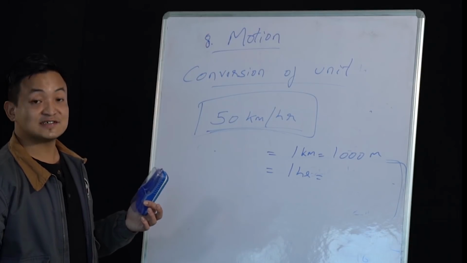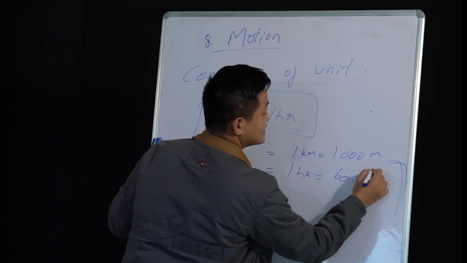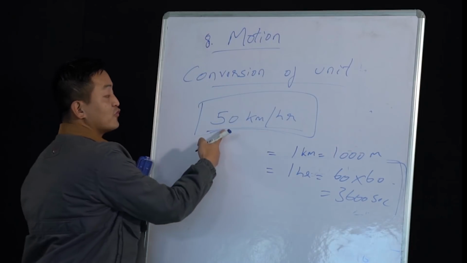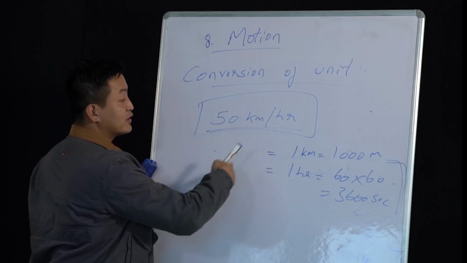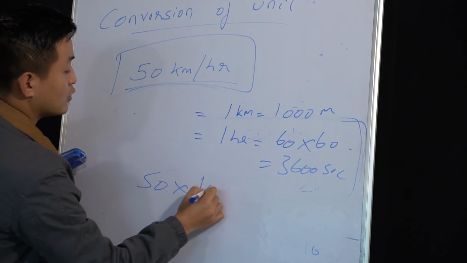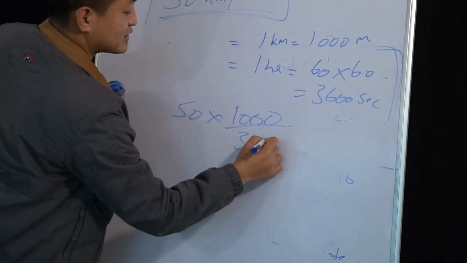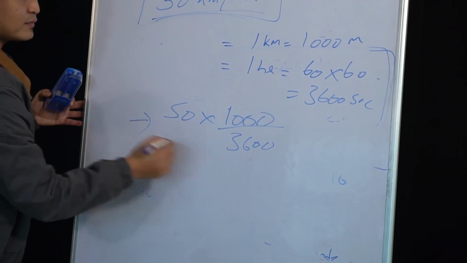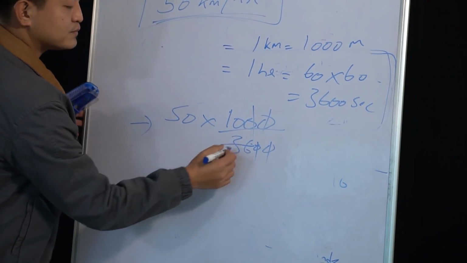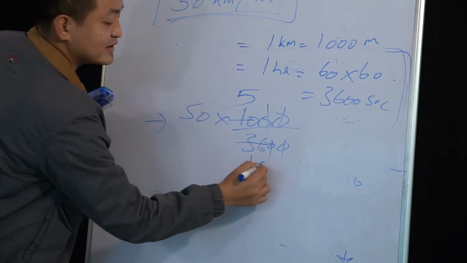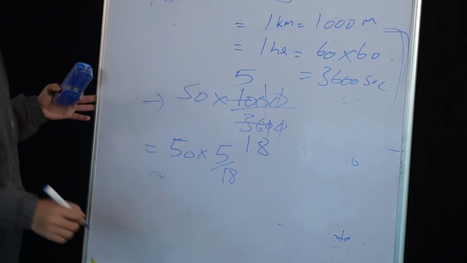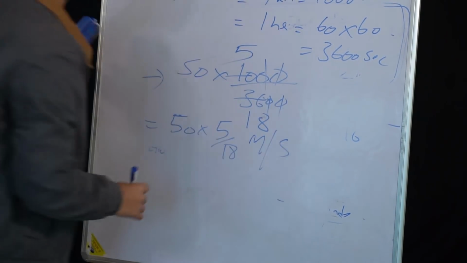In 1 minute we have 60 seconds, so in 1 hour we have 60 into 60, which is 3,600 seconds. So to convert 50 kilometer per hour into meter per second, we apply 50 into 1,000 by 3,600. Now we cancel this 0 and this 0. Then 2, 5, 2, 18. That means we have 50 into 5 by 18. So now we have it in meter per second.